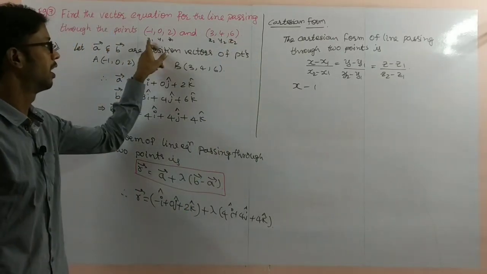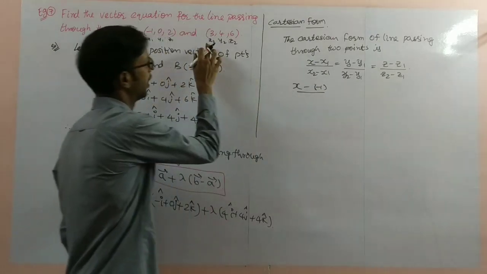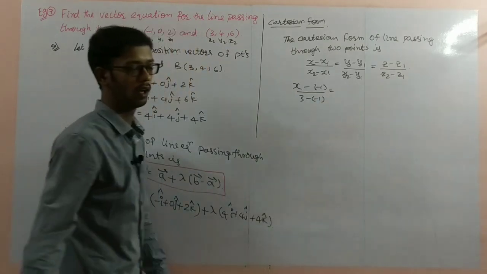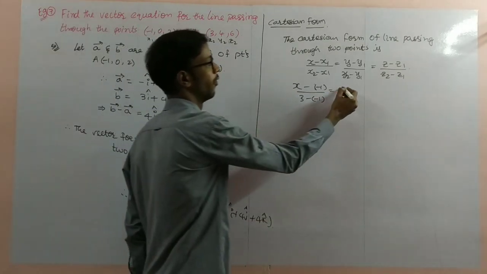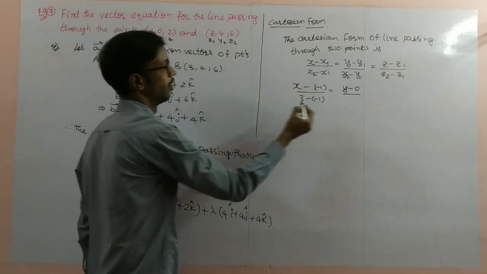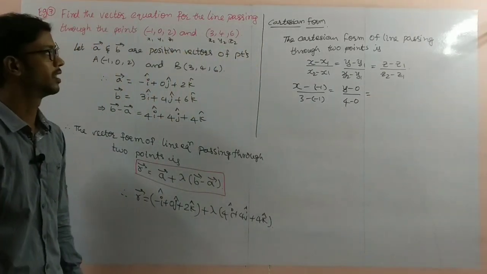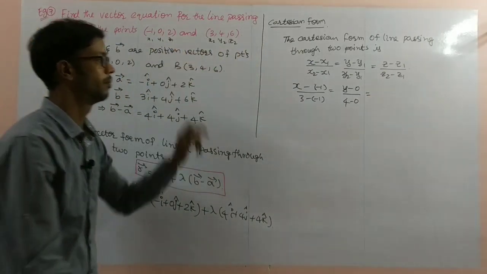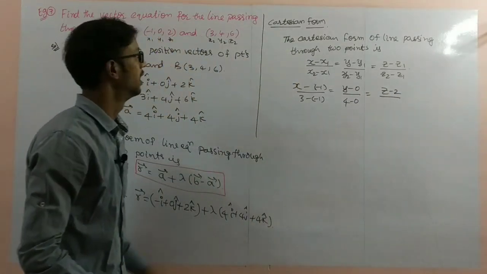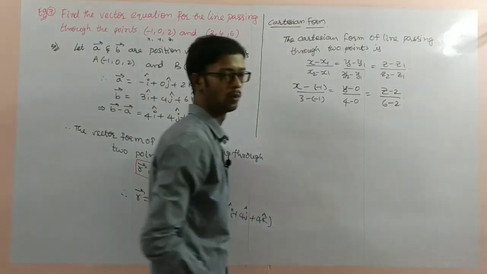So x minus of minus 1 by x2 minus x1, 3 minus of minus 1, equal to y minus y1 by y2 minus y1, 4 minus 0, equal to z minus 2 by z2 minus z1, 6 minus 2.